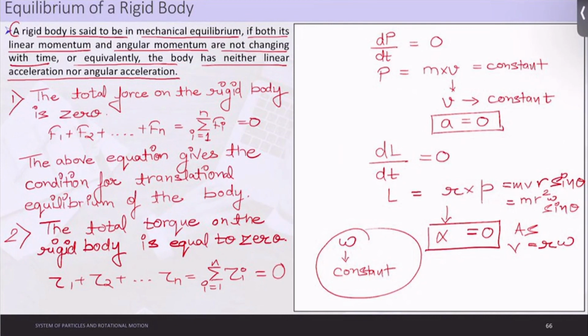So the total torque on the rigid body is 0. Then the total angular momentum of the body does not change with time. And hence this is the condition of rotational equilibrium of the body. Fine. Okay, so I have made you understand this concept also.